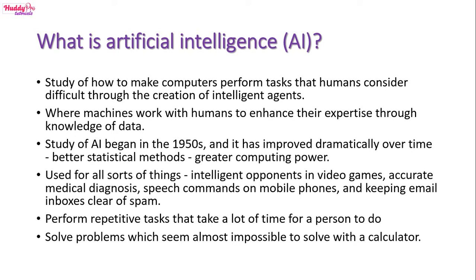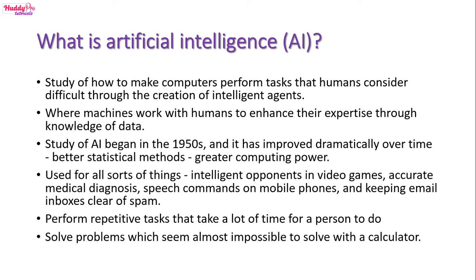The study of AI began way back in the 1950s, and it has improved dramatically over time with better statistical methods and greater computing power. AI is now used for all sorts of things, such as intelligent opponents in video games, accurate medical diagnosis, speech commands on mobile phones, and keeping email inboxes clear of spam.